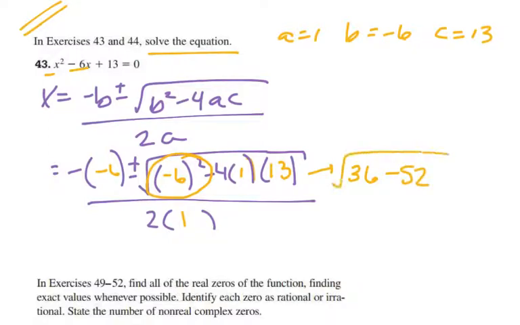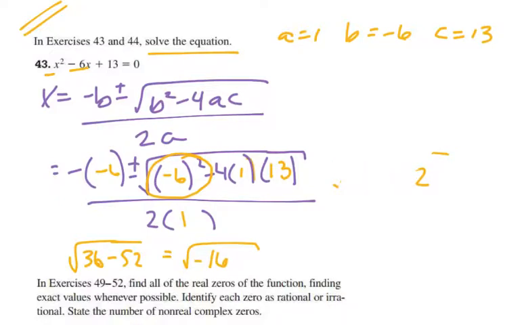So we're talking about the square root of 36 minus 52, or the square root of negative something. Oh, 16. Okay. So in that case, negative 16: the square root of 16 is 4, but that negative makes the result 4i.